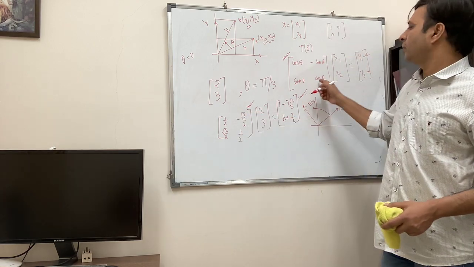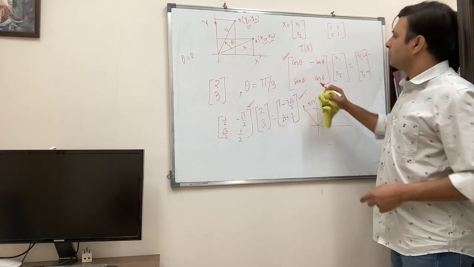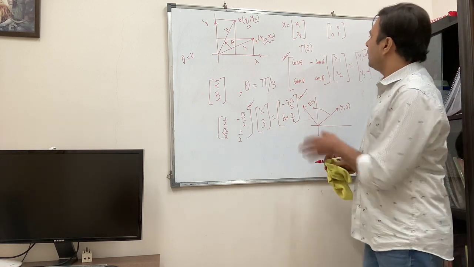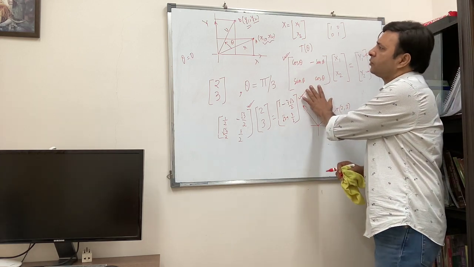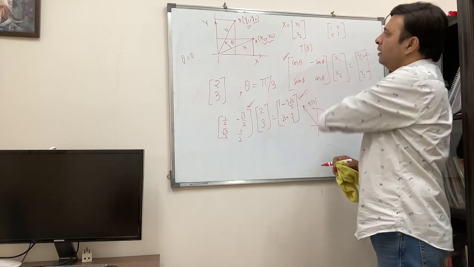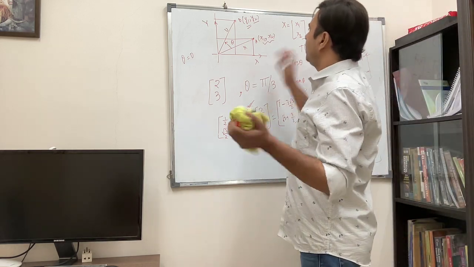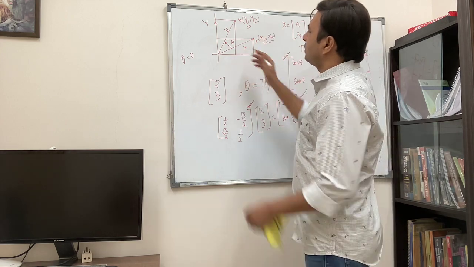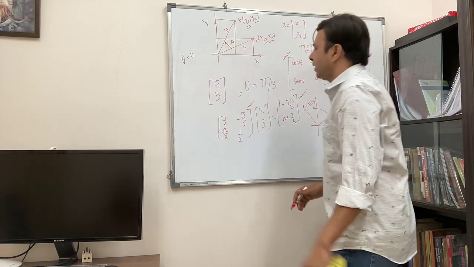This was okay. So once I know the transformation matrix, it's very easy for me to come up with any vector which is nothing but a rotated form of some vector.